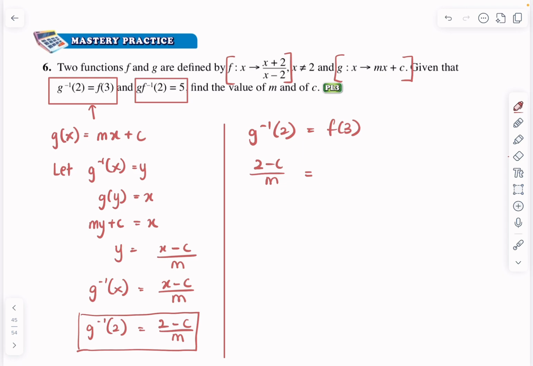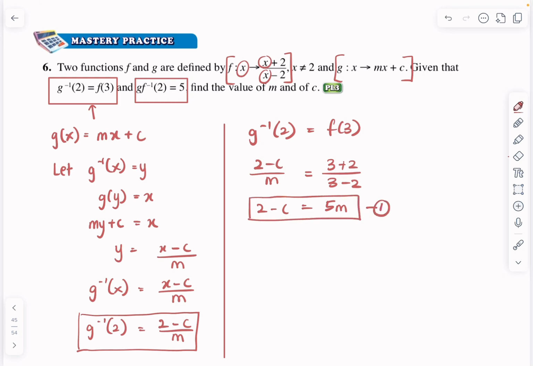So if fx is (x plus 2) over (x minus 2), f3 would be (3 plus 2) over (3 minus 2). So from here, we can simplify it first. So this will be 5 over 1, so it's just 5. So 2 minus c over m equals 5. So m we can bring here. So this is our first equation.